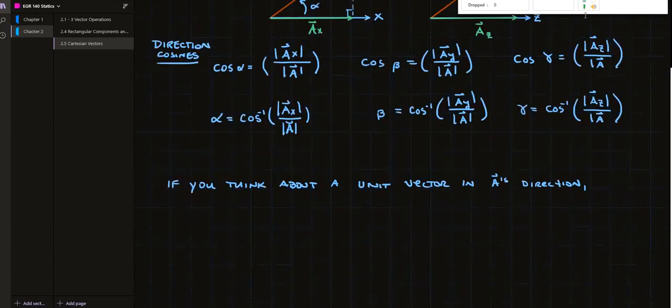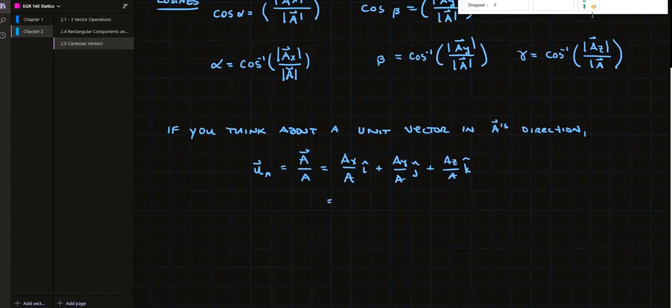If we think of a unit vector in A's direction, this is simply vector A over the magnitude of A, which I'm just going to write as A now. And that equals Ax over A i plus Ay over A j plus Az over A k.